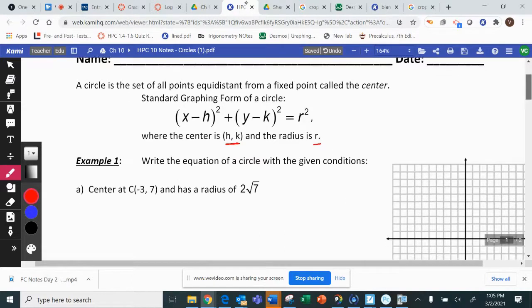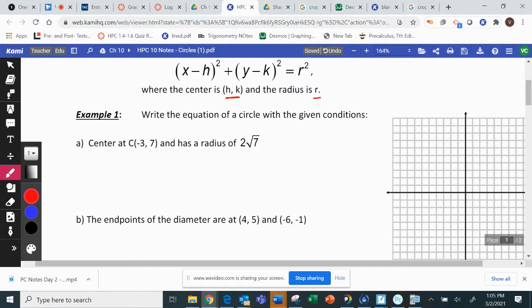So if we are writing an equation that has a center at (-3, 7), then I will do (x + 3)² + (y - 7)² = and then I'll have to do the radius squared. So I'm plugging that into x minus h.